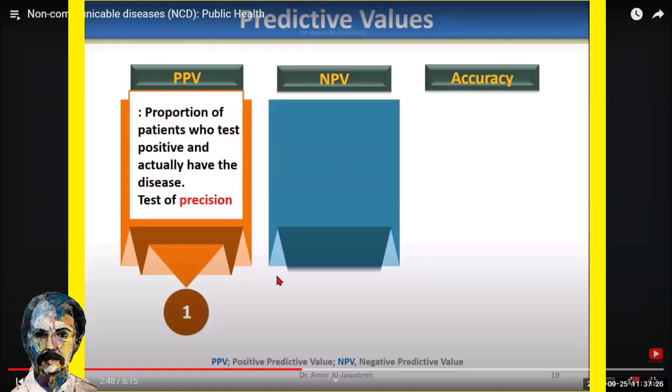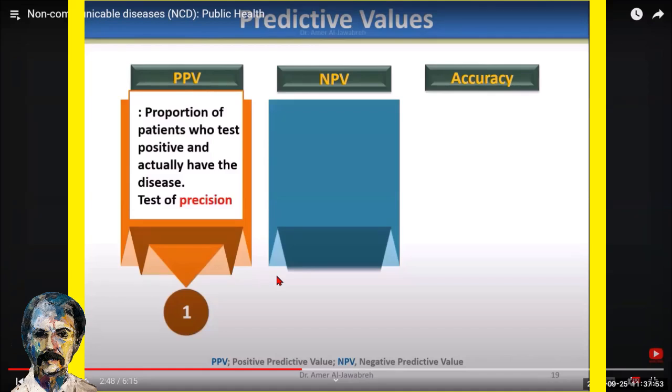Look, we have an example in this, and I will explain it in an example. Okay, good, Muhammad. So, the proportion of patients who test positive and actually have the disease. Are there some people who test positive and they are normal? Yes, it happens. We call this what? False positive.